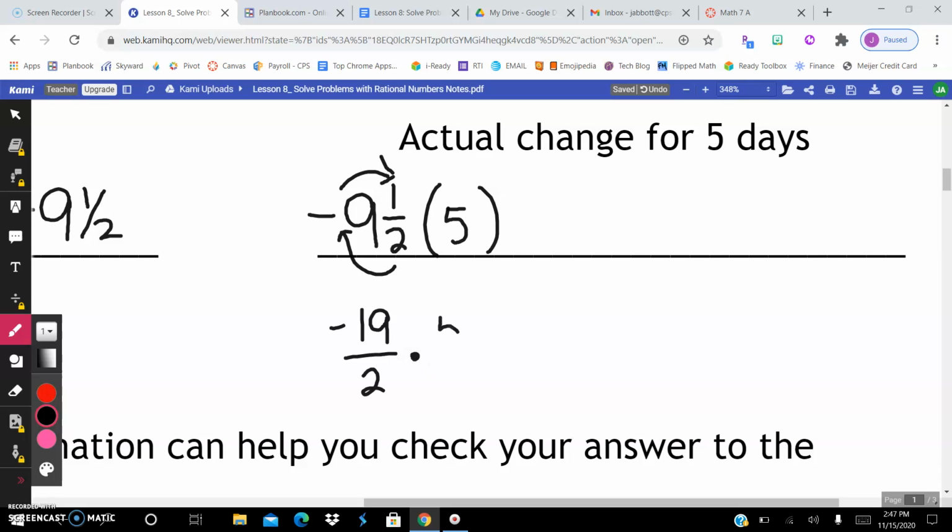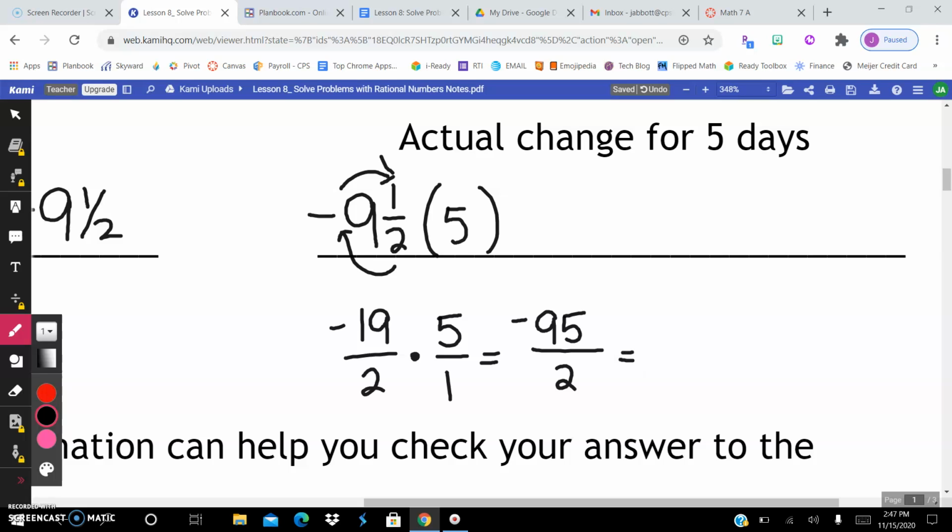Multiplied by 5, 5 as a fraction is 5 over 1. So then I'm going to have to look for reducing. 2 and 5 can't reduce, 19 and 1 can't reduce. So I am going to multiply 19 and 5, and that gives me 95, and a negative times a positive is negative, and 2 times 1 at the bottom is 2.